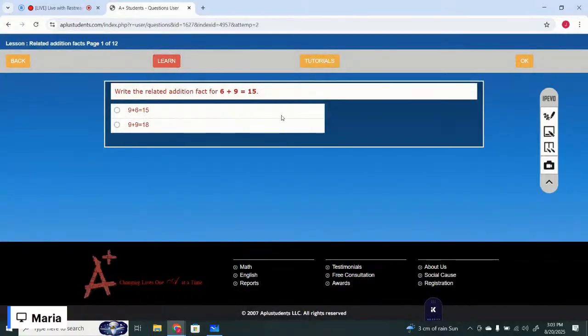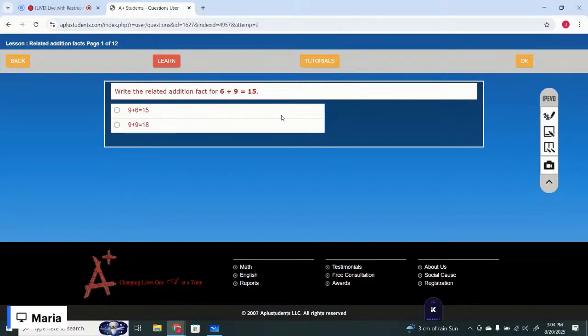What is the related addition fact for 6 plus 9 equals 15? That is 9 plus 6 equals 15. Option number 1 is the correct option.